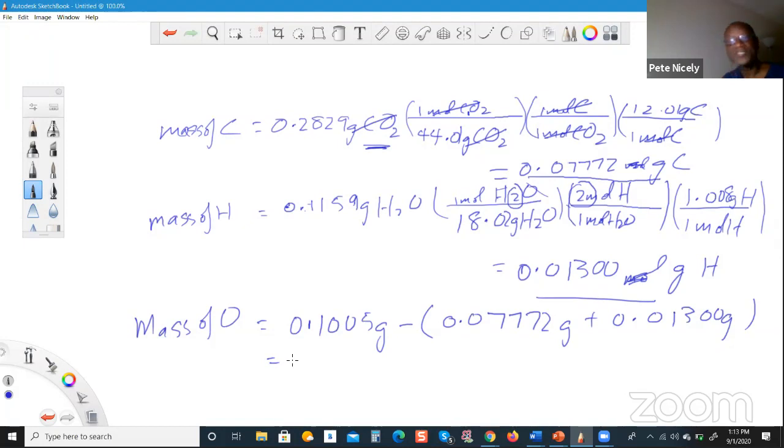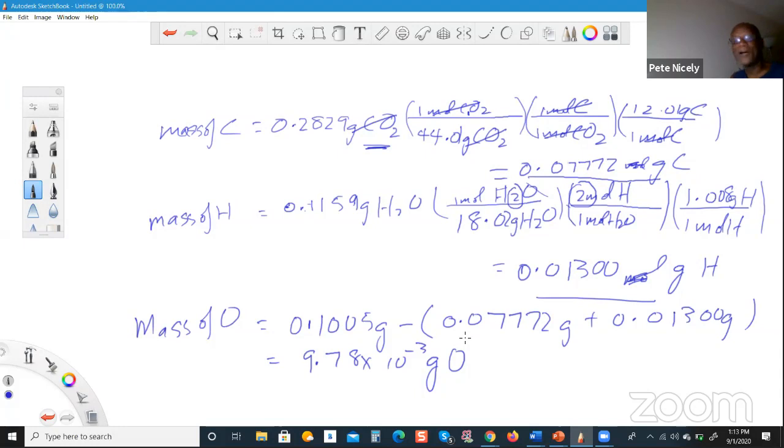And then I'm going to subtract from that 0.1005. Okay, so according to my calculations, this works out to be equal to 9.78 times 10 to the minus 3 grams.